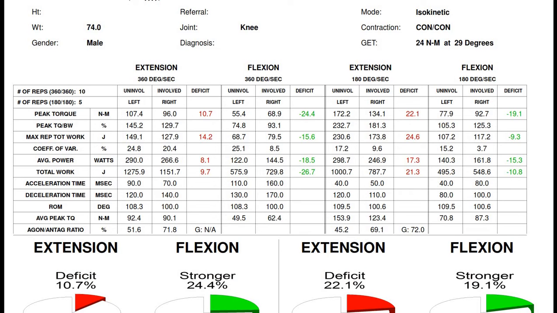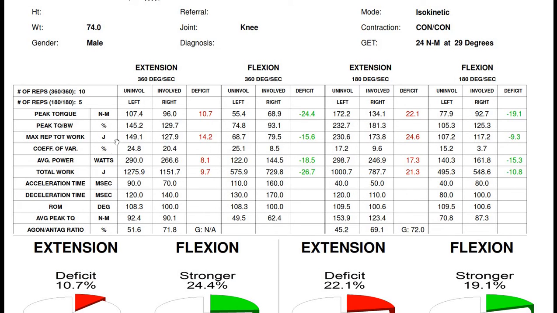Essentially, it's a percentage measure of the quality of the test that's been performed. Off the top of my head, I think for large muscle groups, such as the quadriceps and hamstrings, anything under 15% is what we're really looking for, and I think for smaller muscle groups, 20.